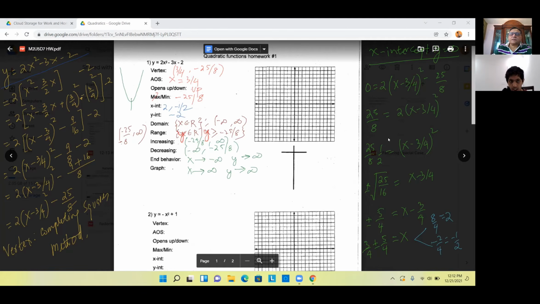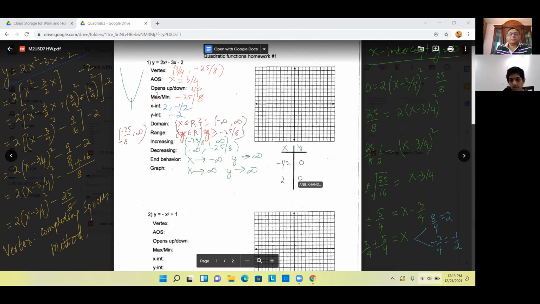So we can always write down some x values and y values here, which will help us to plot the graph. The two very important values are the x-intercepts, which you found at minus half and 2, right? So at x equals minus half, we have y value of 0. And at x equals 2, we have y value of 0.